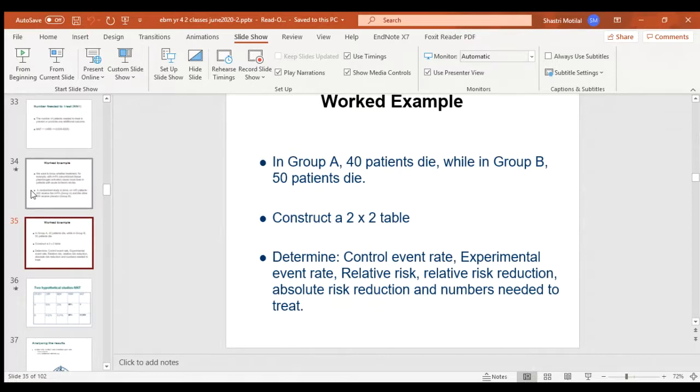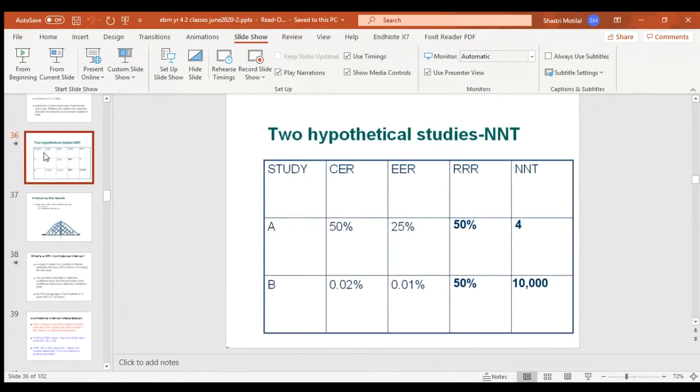What I would show on the next slide is essentially two hypothetical studies. These are two hypothetical studies that are unrelated to the example we just worked out, right? They are two separate randomized controlled trials, RCT-A and RCT-B.